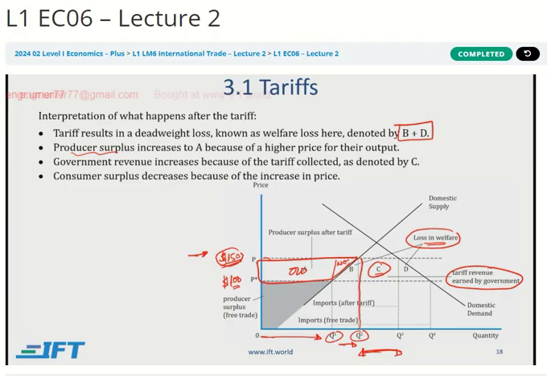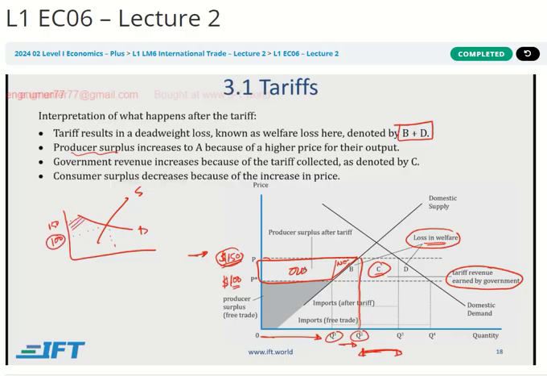Now, what does that mean? Consumer surplus is basically when you have a supply and demand, and if this is the price which is agreed based on the supply and demand, and let's say that is 100, there are some people who are still willing to pay a higher price, but they don't need to because the market price is agreed at 100.